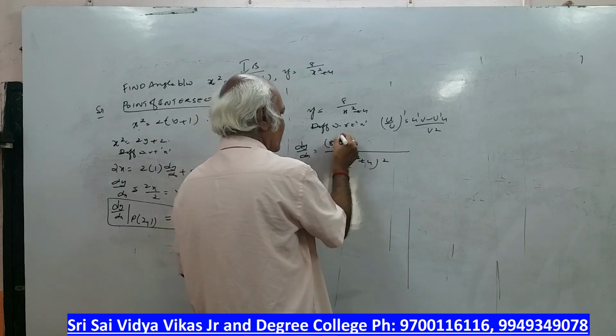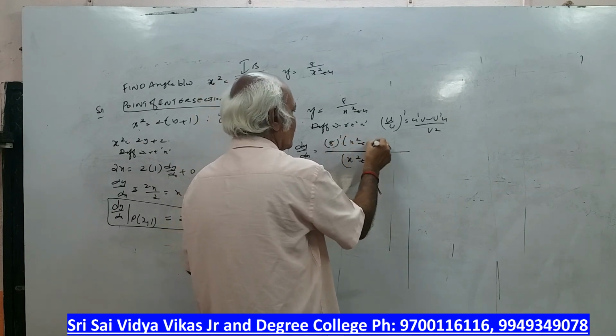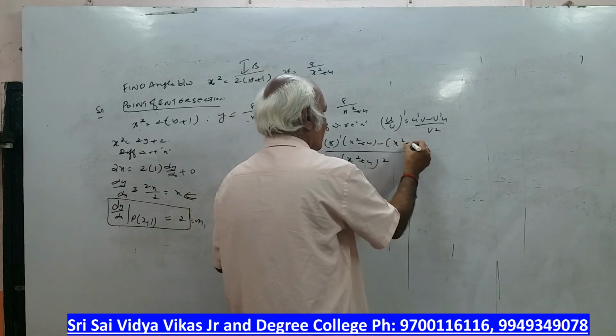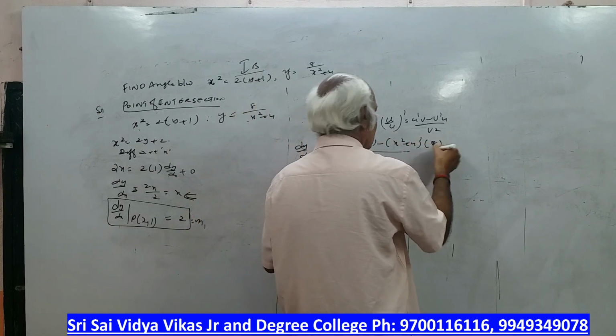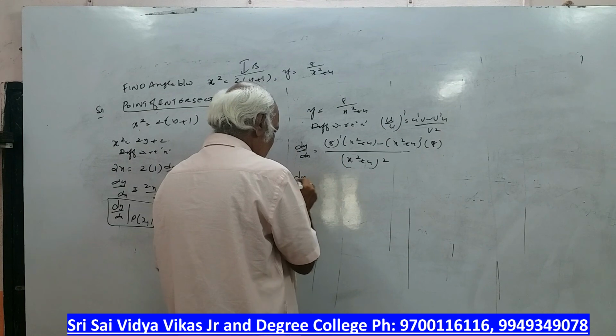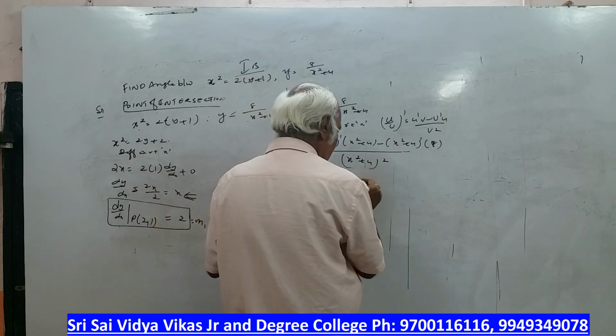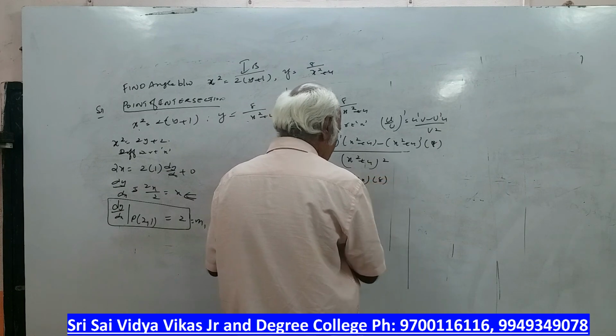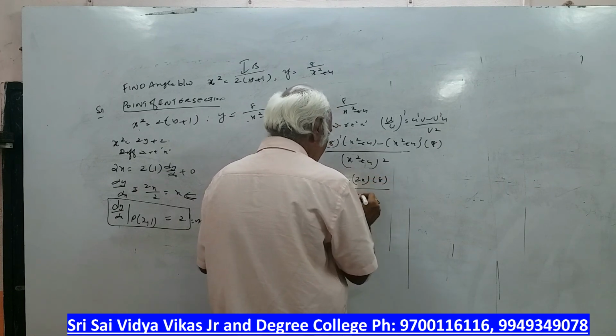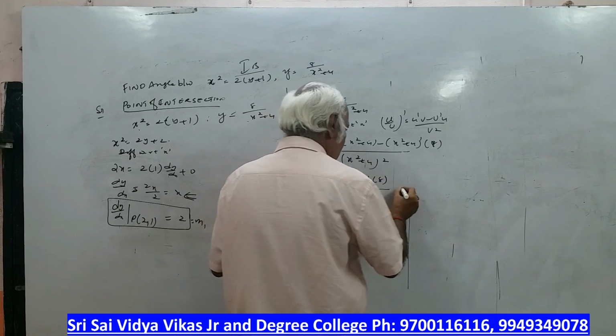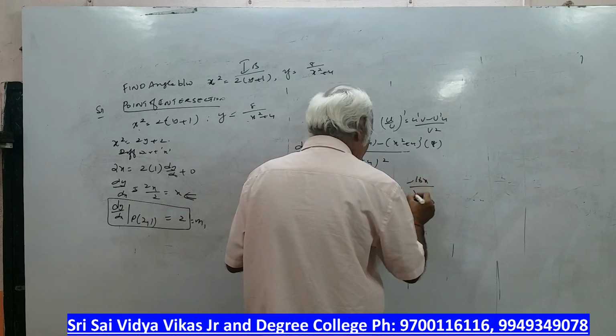So 8 derivative into x square plus 4, minus 8 into the derivative of x square plus 4. The derivative of 8 is 0. This will be 2x into 8 by x square plus 4 whole square. That is minus 16x by the whole square.